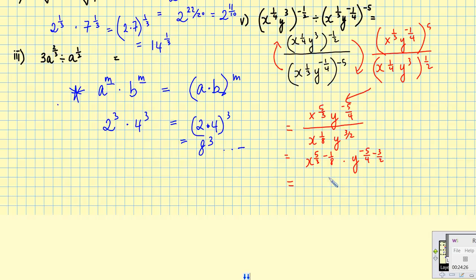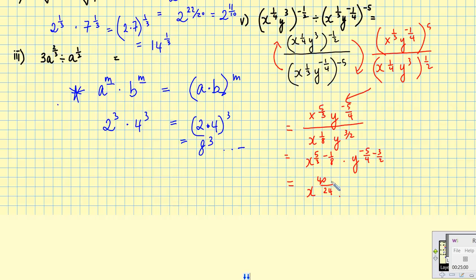So getting a common denominator here, it's x to the 5/3 minus 1 over 8. The common denominator is 24, so top and bottom here gets multiplied by 8.